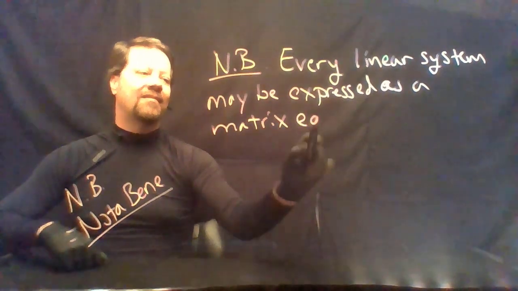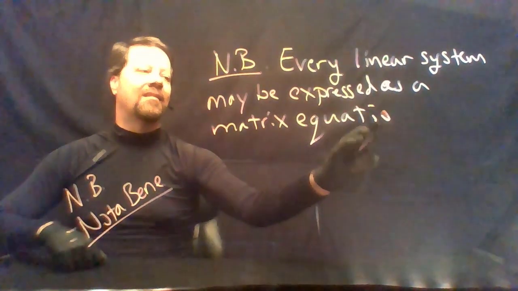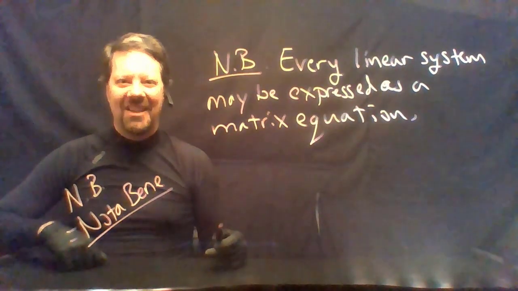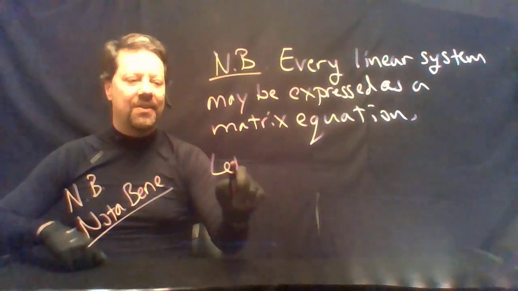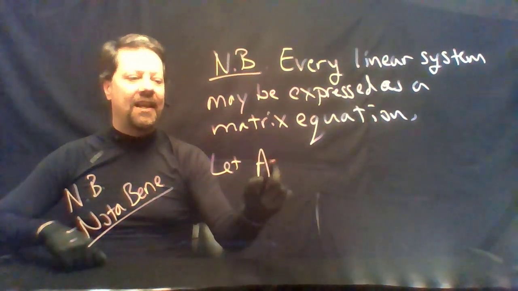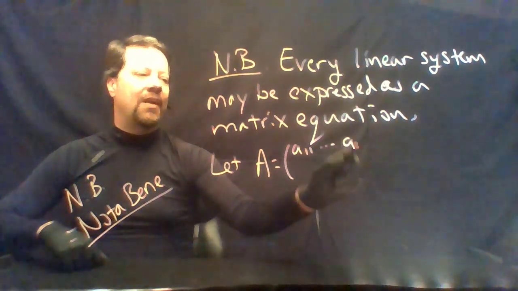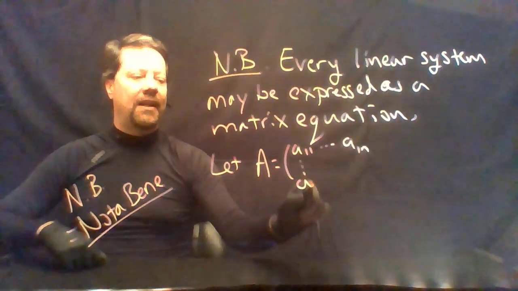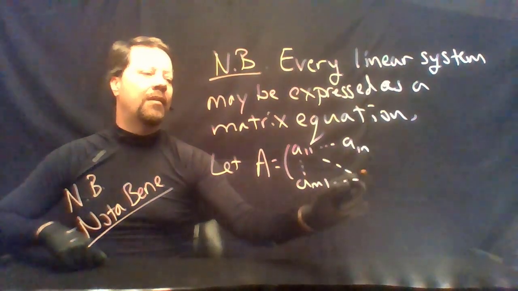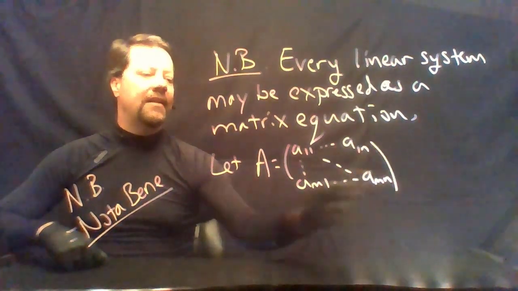In particular, let's suppose that we let matrix A be A11 through A1n, AM1 through AMN.